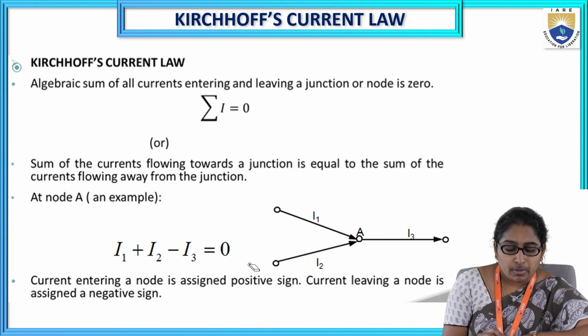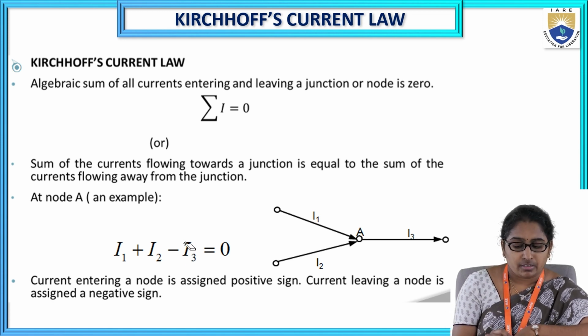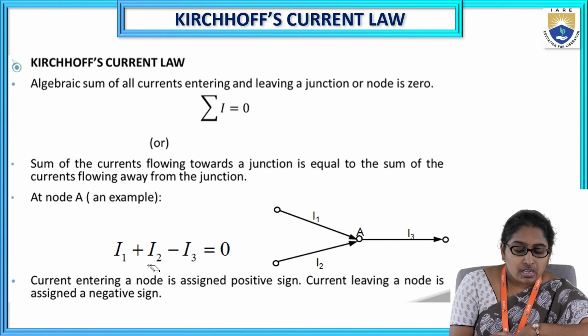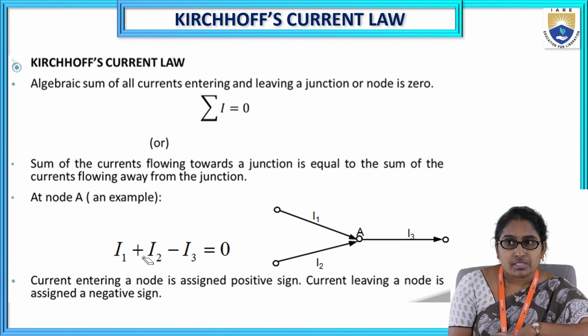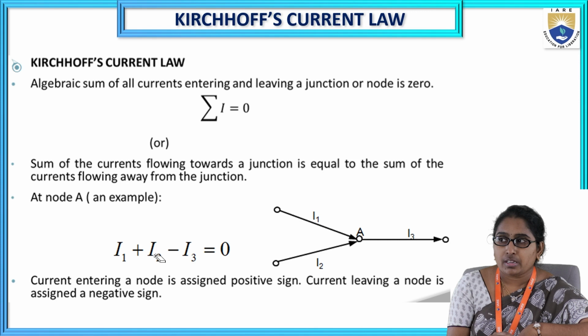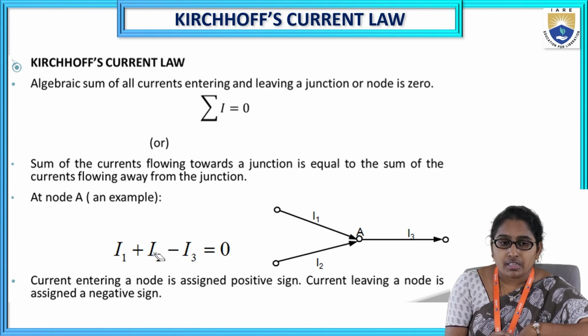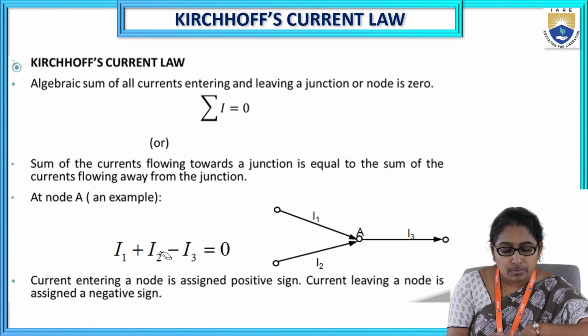If you apply KCL here, according to the statement, the algebraic sum of currents leaving and entering is equal to 0. So I1 plus I2 minus I3 equal to 0.